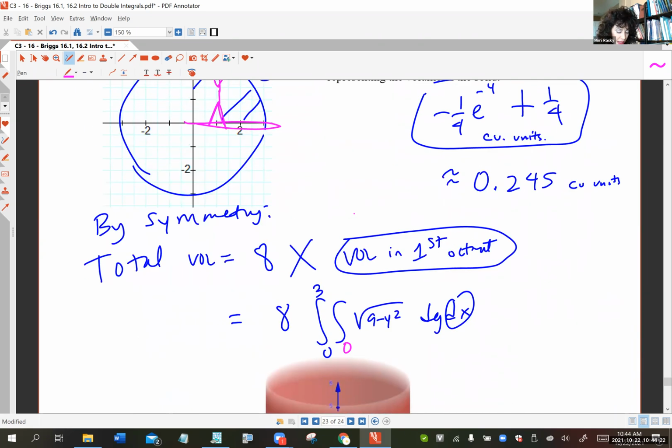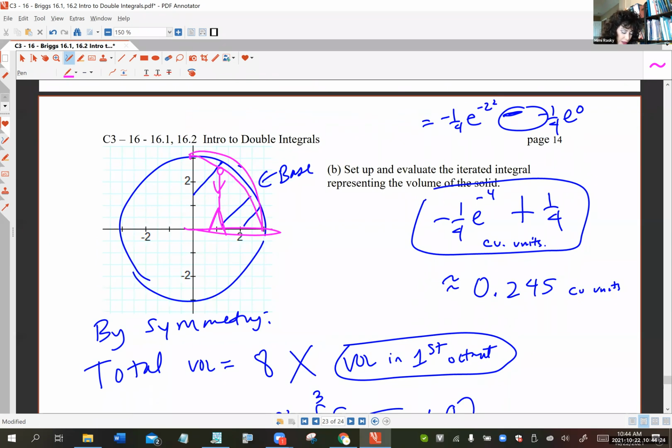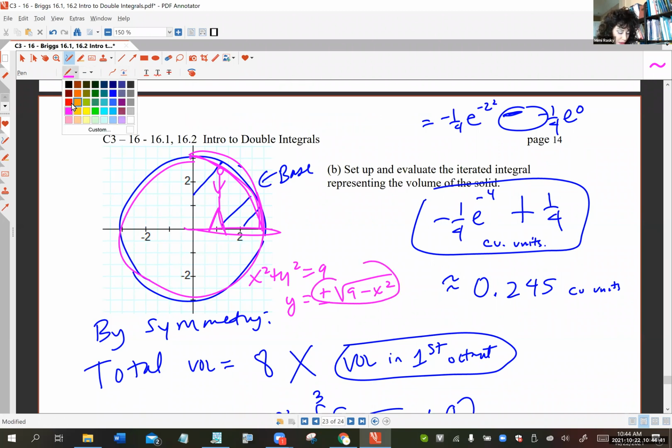Okay, that's good. Now his head is located on this circle, which had the equation x squared plus y squared equals 9. But if you solve for y, you get plus or minus the square root of 9 minus x squared, where the plus is the graph of the upper semicircle.